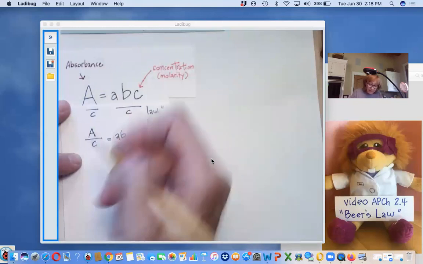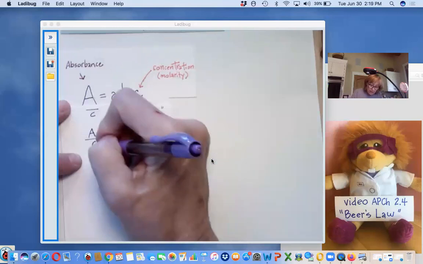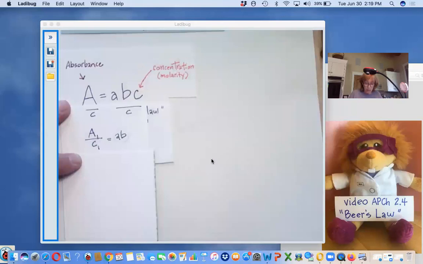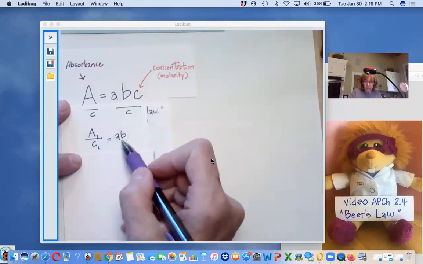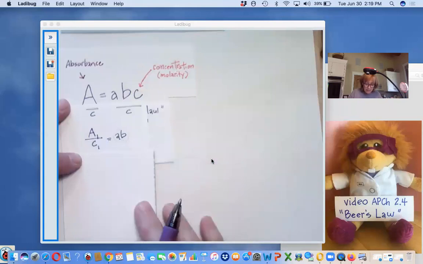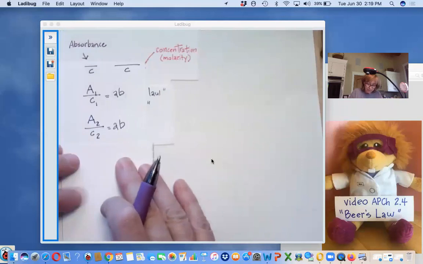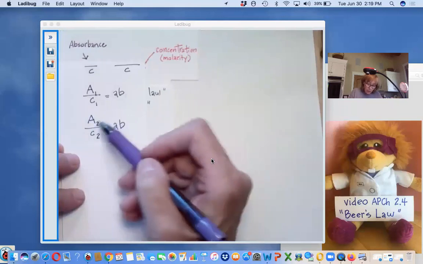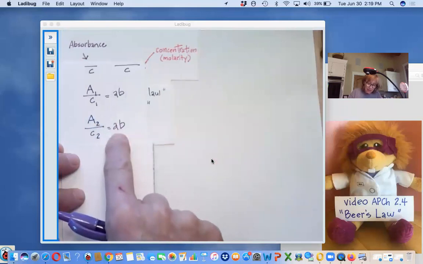So I'm going to say that if I have concentration 1, and I measure its absorbance, I'm going to call that absorbance 1. That ratio is equal to this constant AB. Then I could take a second concentration, measure its absorbance, I'll call that A2, and that quotient will still be equal to this same AB.